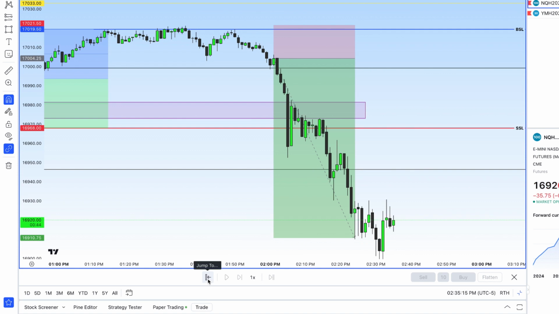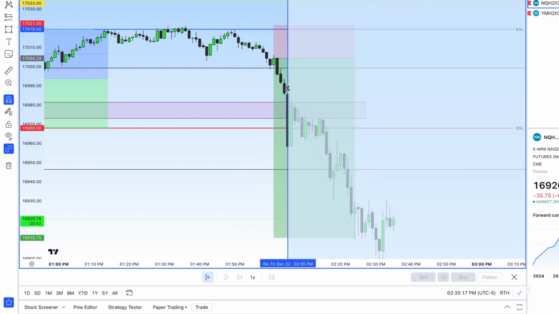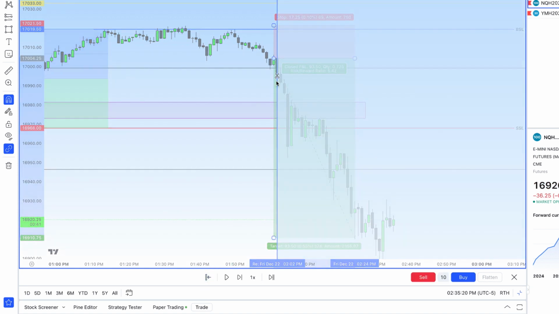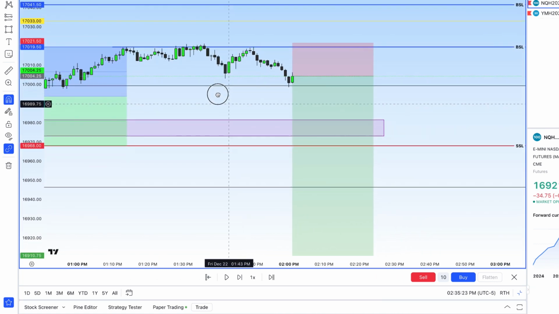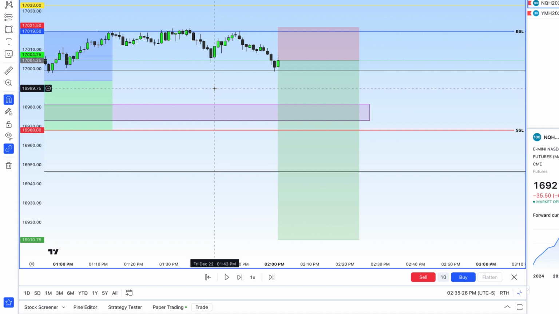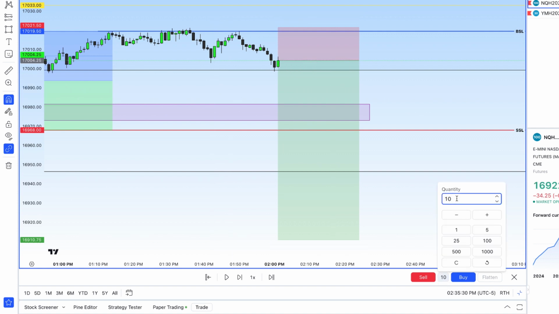So let's do a market replay and see what this would have landed us. I had 2 contracts loaded up in the queue, so let's see what the damage is.